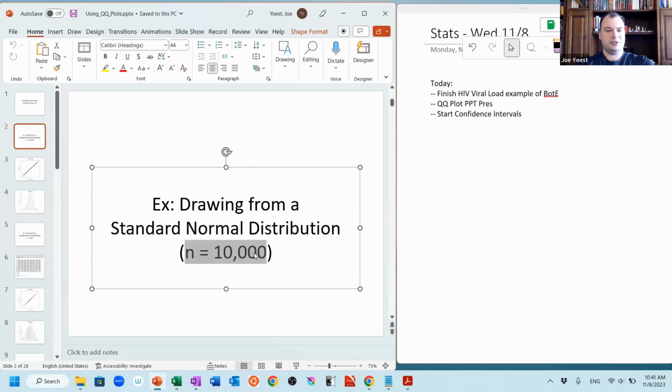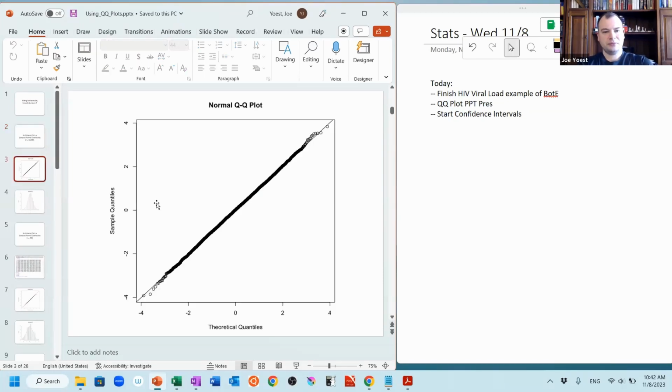We also have an enormous sample size, n equals 10,000. So this is like best case scenario. You know, perfect random draws because we're using the software to simulate random draws, perfect random draws from an actual normal distribution with a huge sample size.